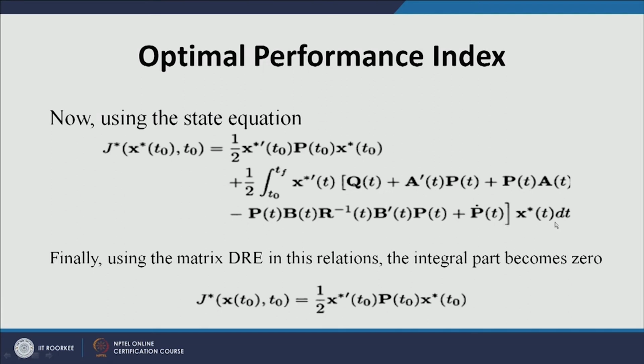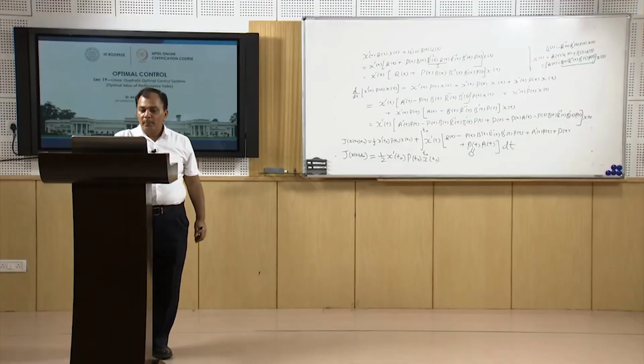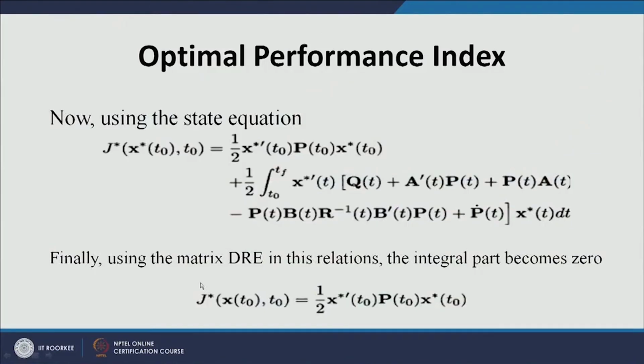So this whole term will become 0. So I am left with the initial cost J of x t0, t0 as half of x transpose t0, P t0, x t0. So this expression gives me nothing but my optimal value of the objective function.